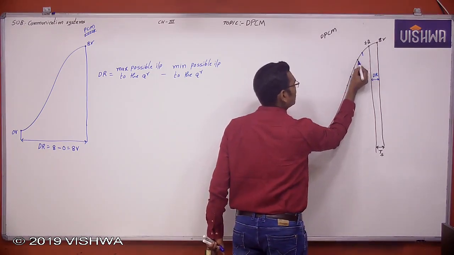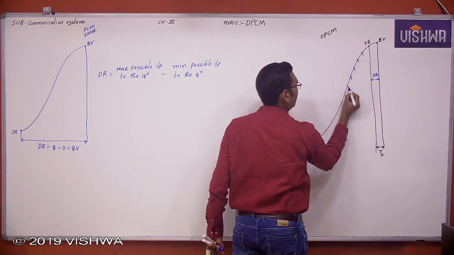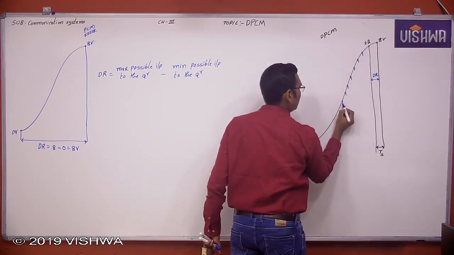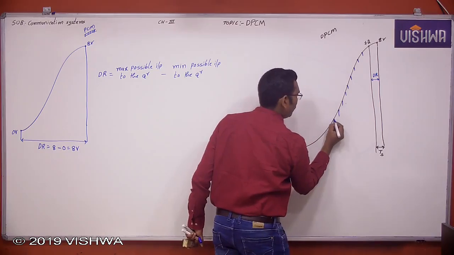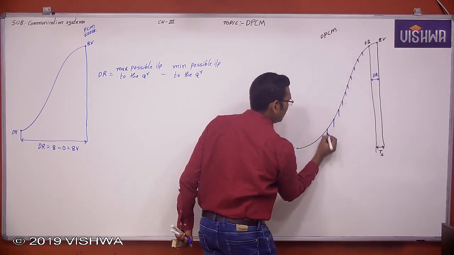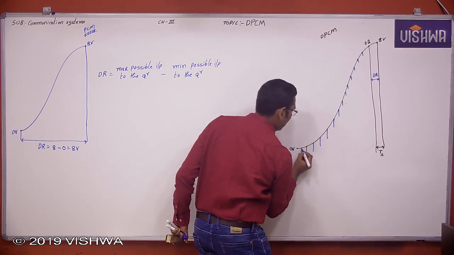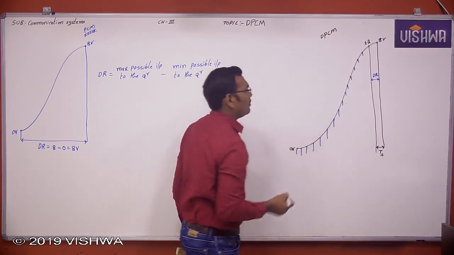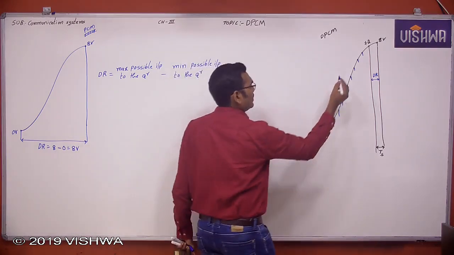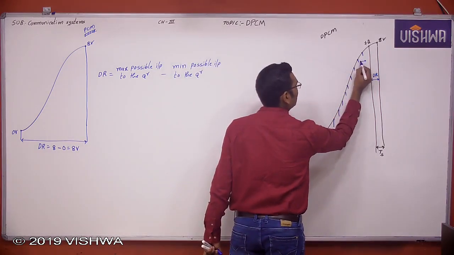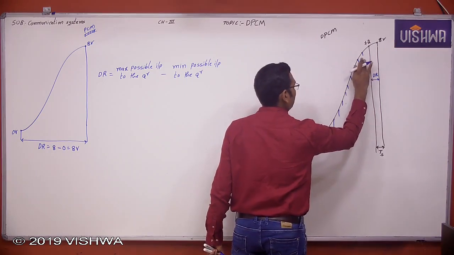Therefore there is more correlation between the samples. The successive sample differences are applied to the quantizer.